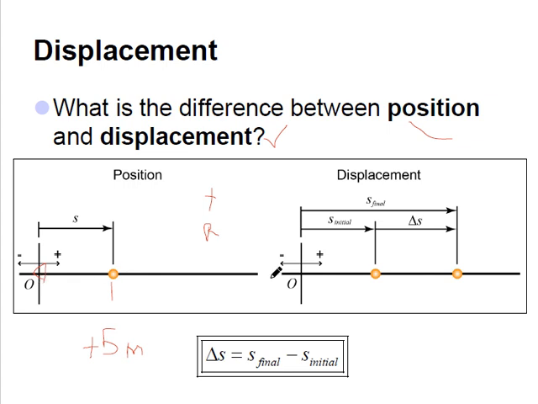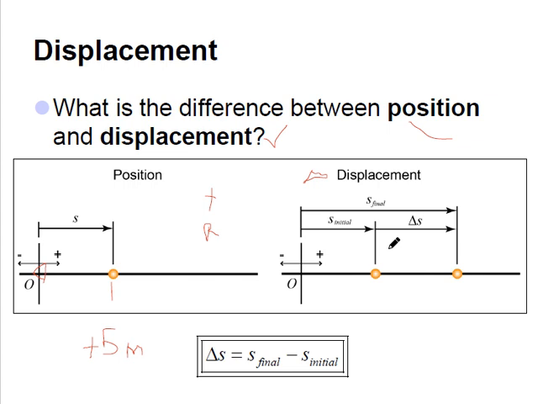Now displacement, so that's about the change. We're now concentrating not only on position but on the change in position. Displacement, we usually write change like that, a little tiny triangle symbol. So every time you see that, you know you are dealing with change.